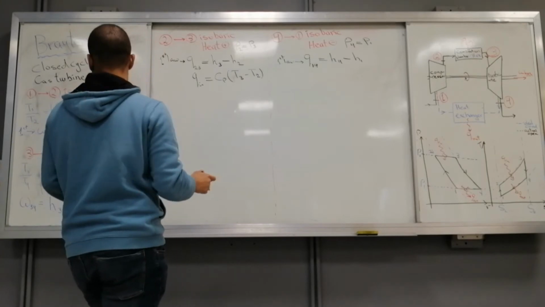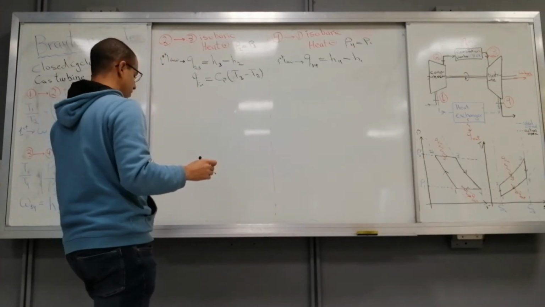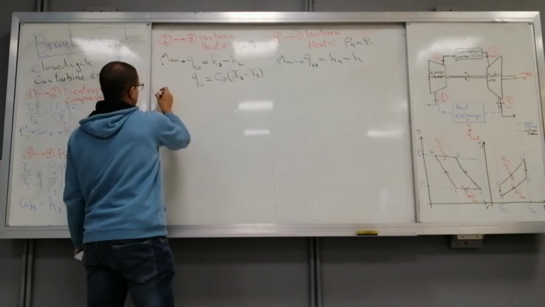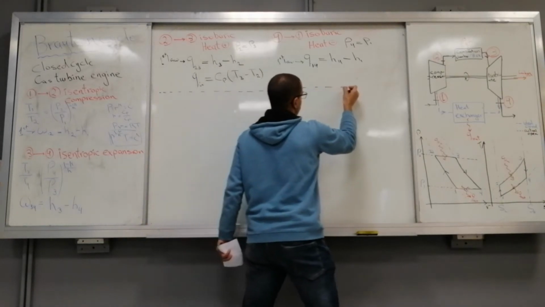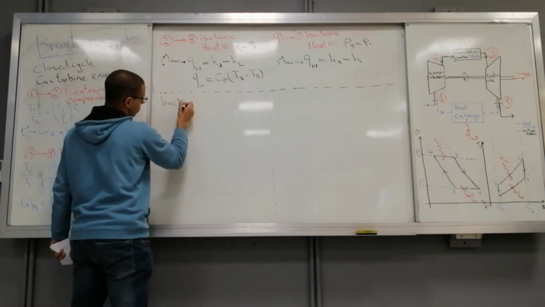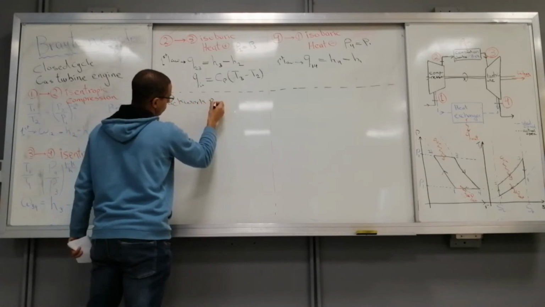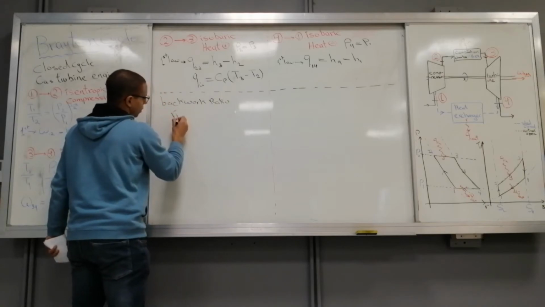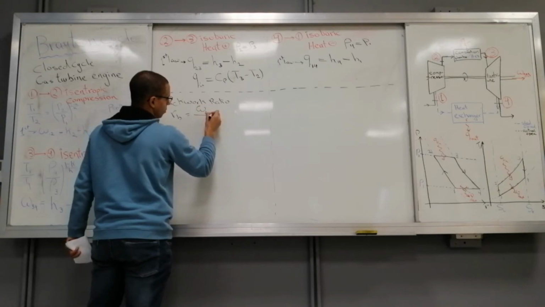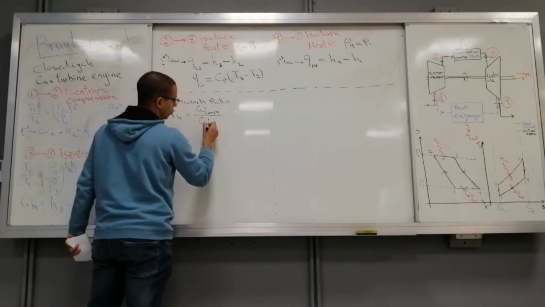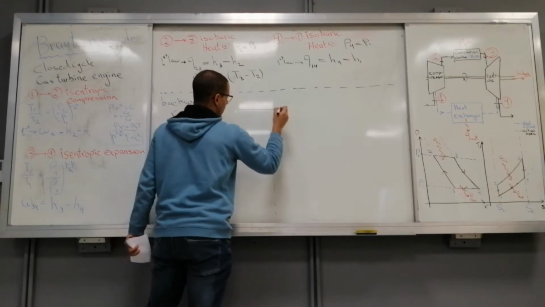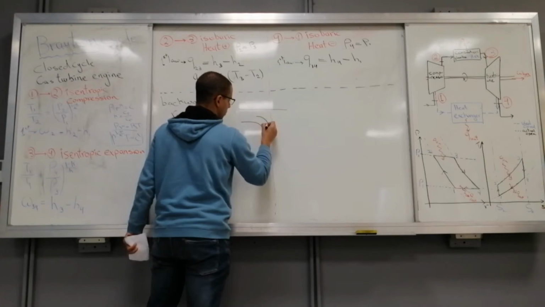We can deduce some relations over here. First of all, we're going to define some dimensionless parameters. The first is the back work ratio. This back work ratio is the work of the compressor that I put into the cycle over the work of the turbine that I get out of the cycle. If we draw the power flow diagram of this cycle, it's going to be something like this.